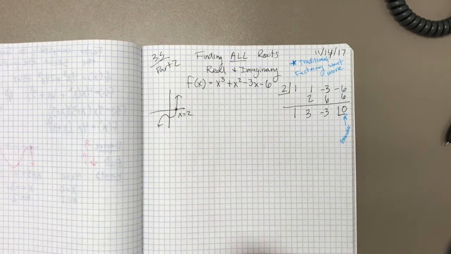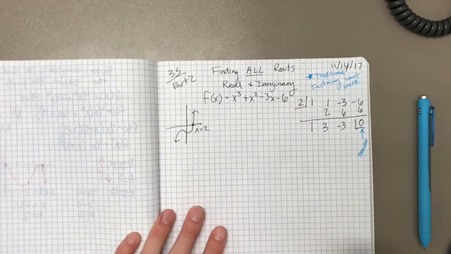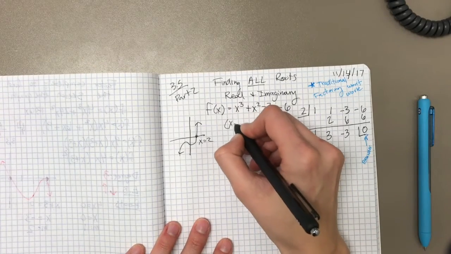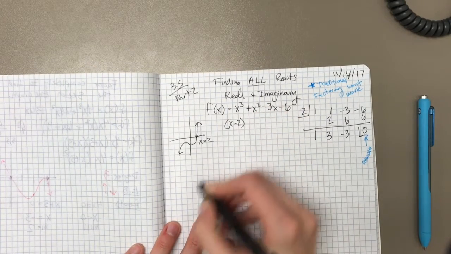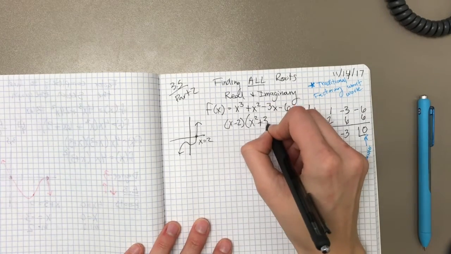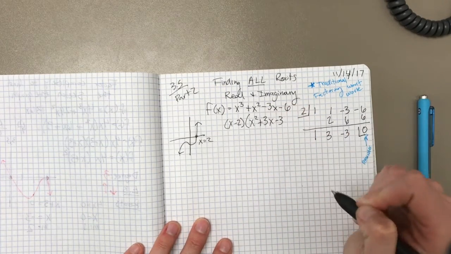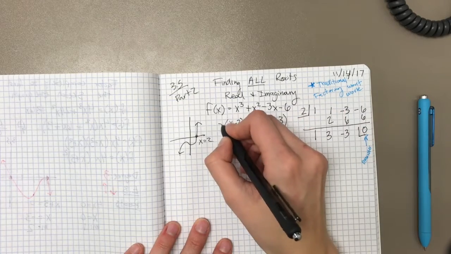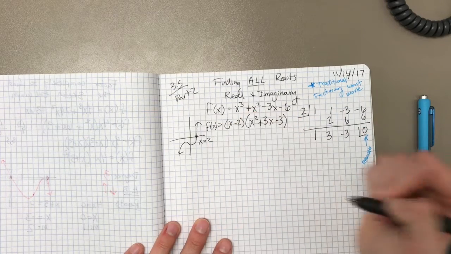Okay, so now we can go ahead and rewrite our polynomial. We can say x minus 2, and then we've got x squared plus 3x minus 3. Okay, and all of this still equals our f of x.